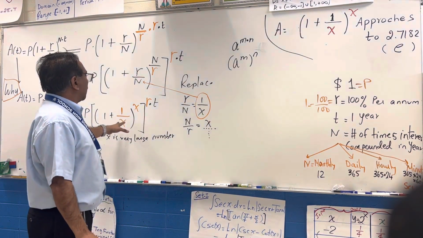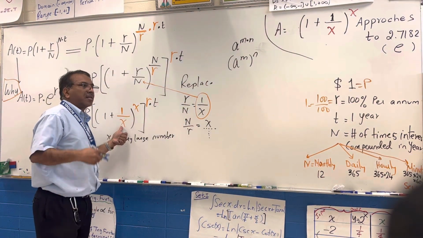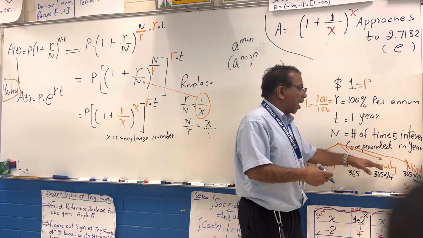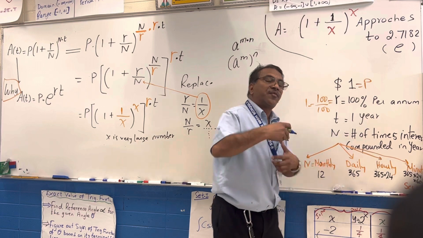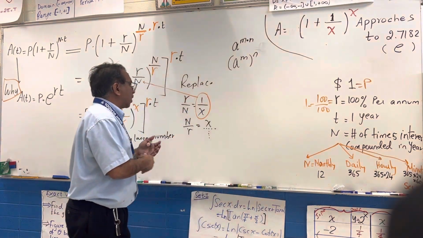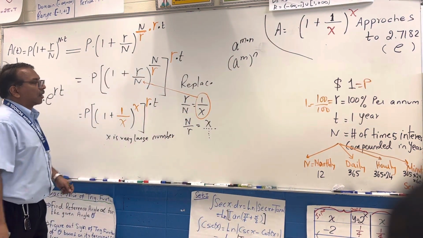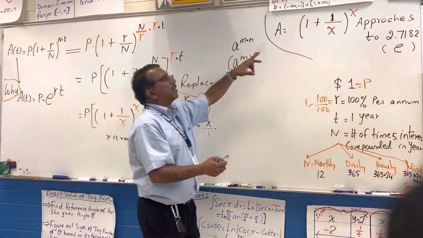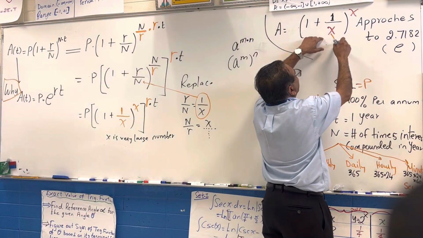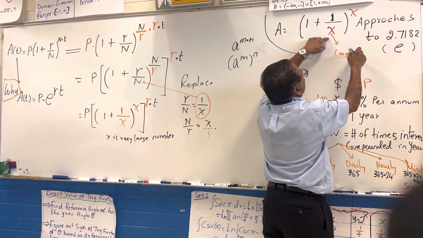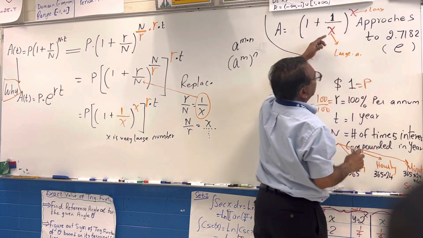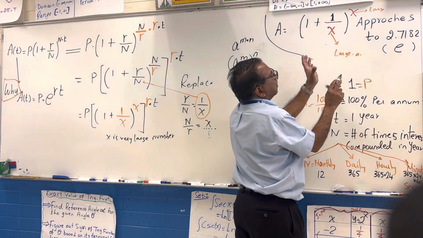Now if this x is very large, in other words, you're using not only monthly, daily, hourly, minute, every second, and even a fraction of a second, so you're calculating interest continuously. This whole thing approaches, when this is a very large number, and this also is a large number, it's like the number approaches e.